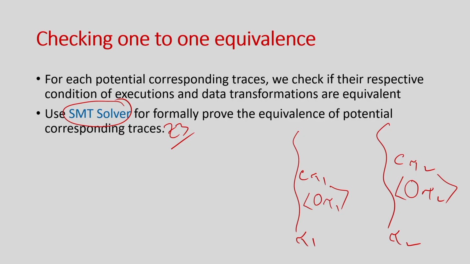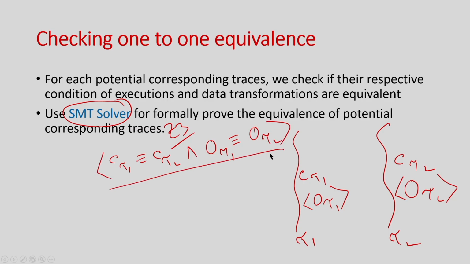So, how am I going to model it? I will say that C tau 1 is equivalent to C tau 2 and O tau 1 is equivalent to O tau 2. So, if you just give this formula and ask the tool to check SAT, what will it do?